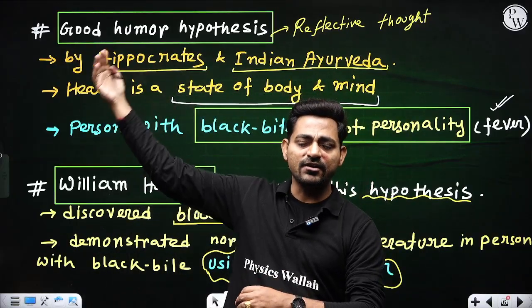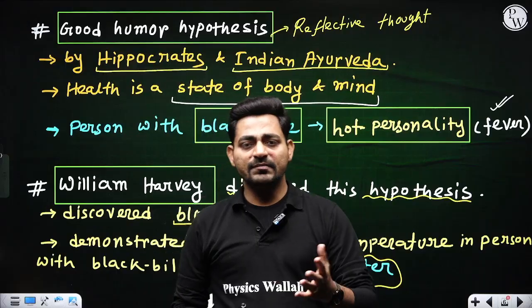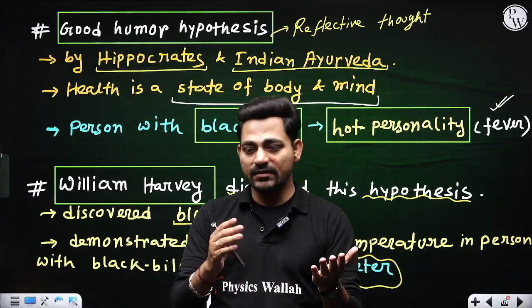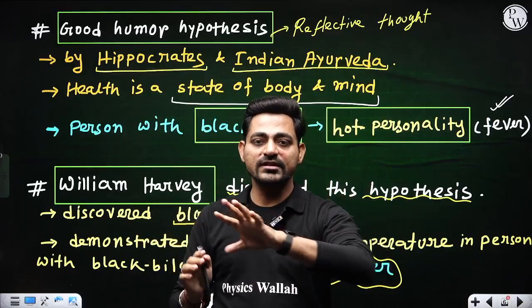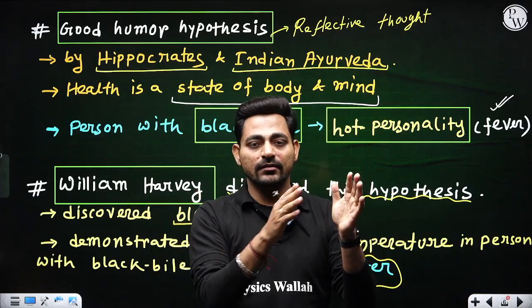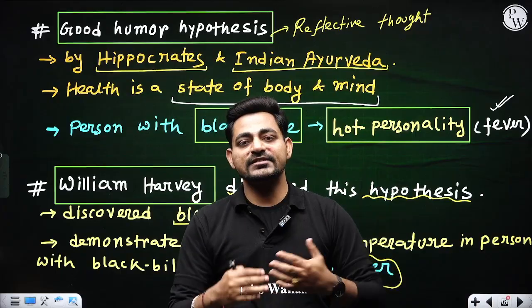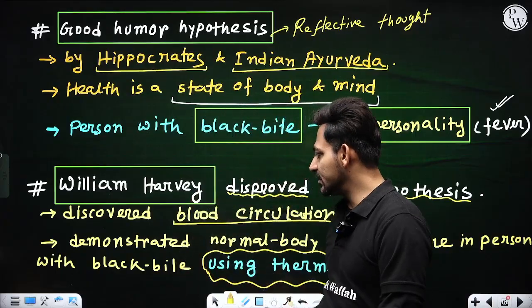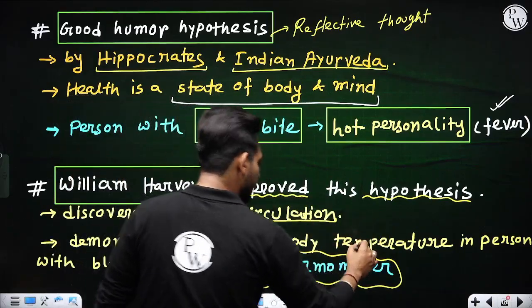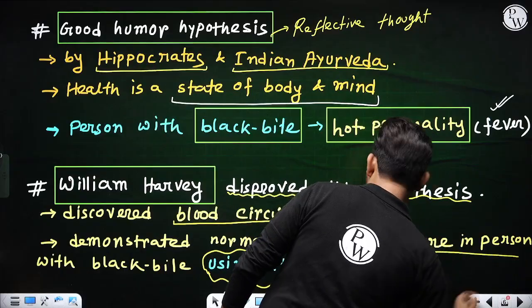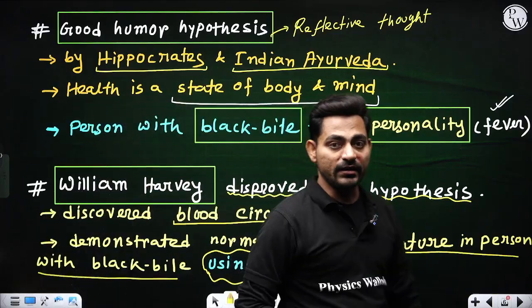According to Ayurveda and these Greek philosophers, a person could have black bile or yellow bile, so he chose different patients and took their body temperature measurements using thermometers, and he demonstrated normal temperature in all persons, even the person with black bile.